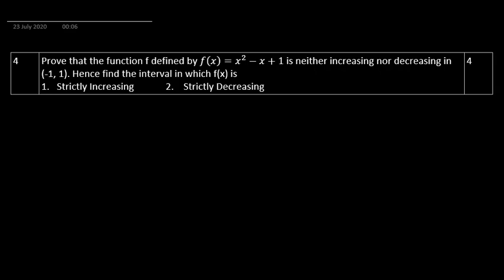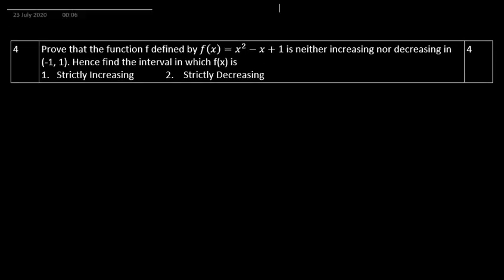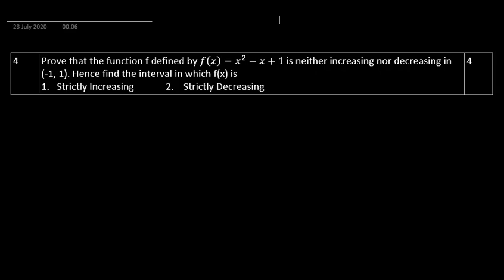Prove that the function f defined by f(x) = x square minus x plus 1 is neither increasing nor decreasing in (minus 1, 1). Hence find the intervals in which f(x) is strictly increasing and strictly decreasing. So what is your first step? Again, you define your function: f(x) is x square minus x plus 1.